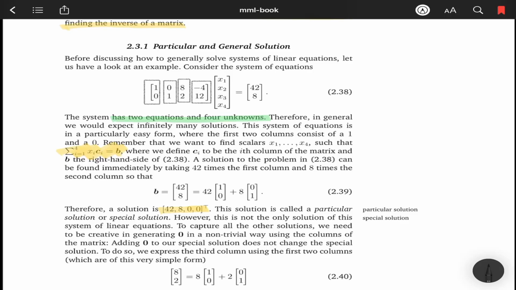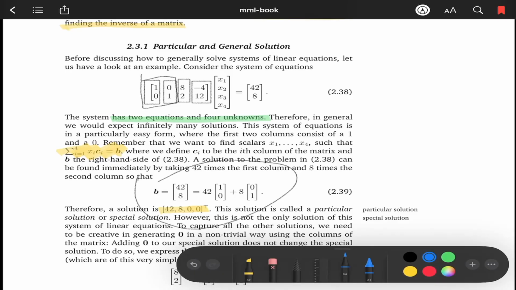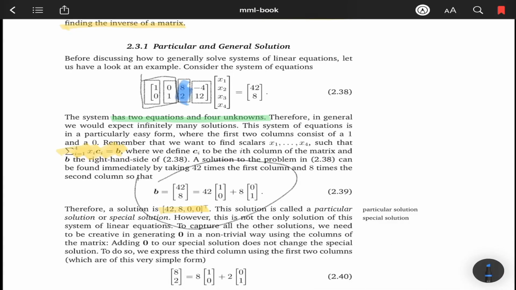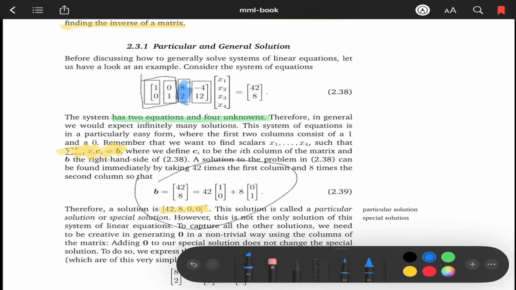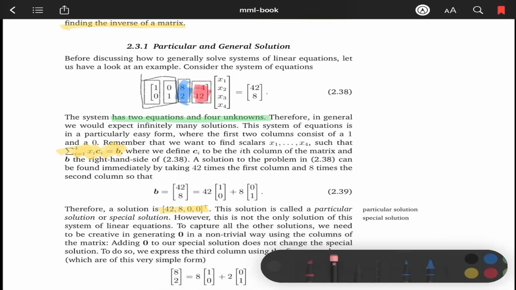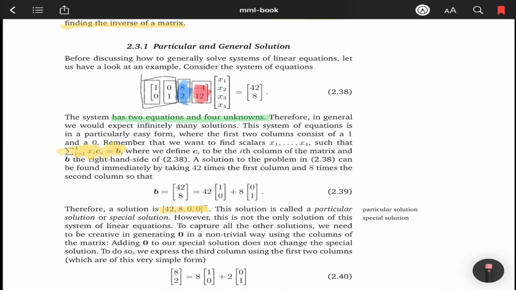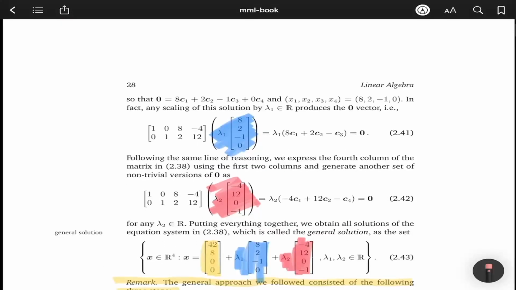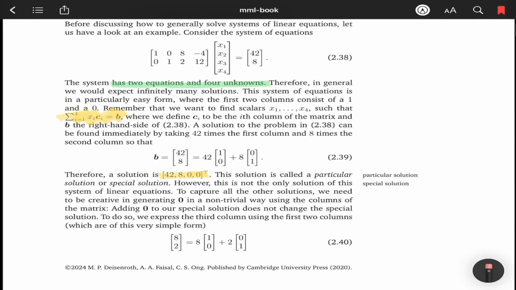Because we found a solution for the first 2 here, this dimension is missing, and it has to always be a column, no matter how many rows you have. In this case, it's a 2 times 1 column, but it could also be 100 times 1 column. And then you will have as many equations here as you have columns left.